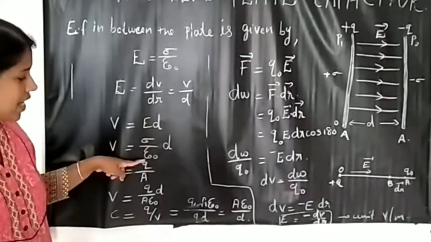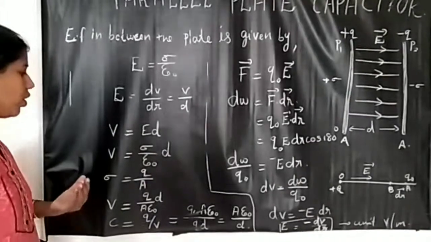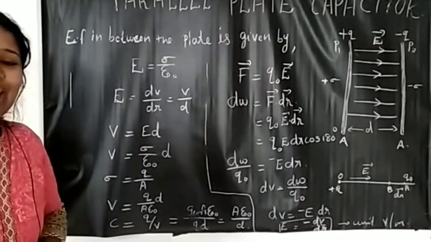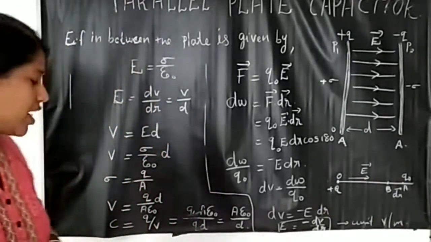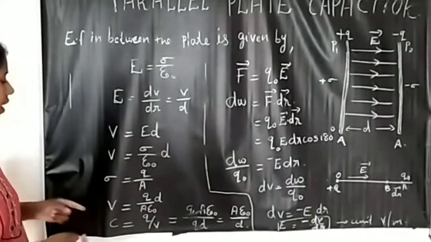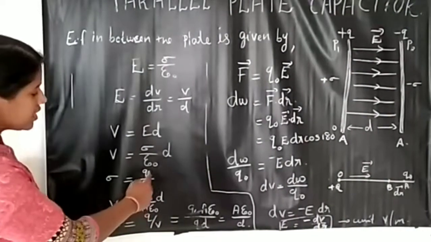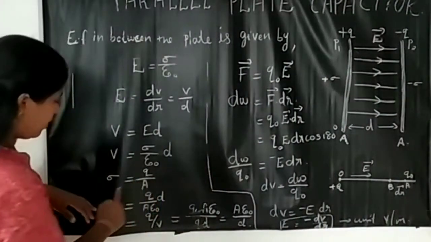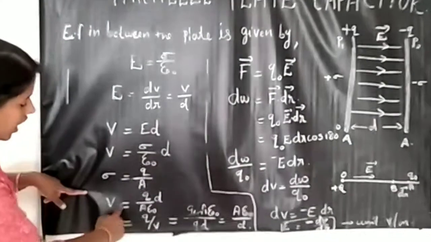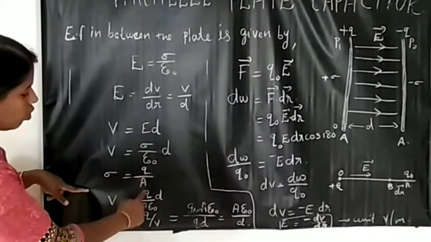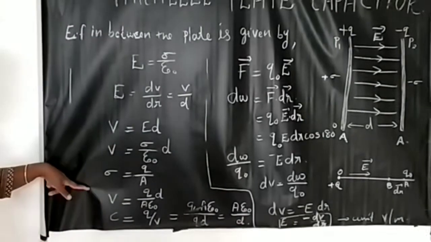So V equals sigma by epsilon naught into D. We know that sigma means surface charge density, which is charge divided by area, Q by A. Substituting sigma, V equals Q by A epsilon naught into D.